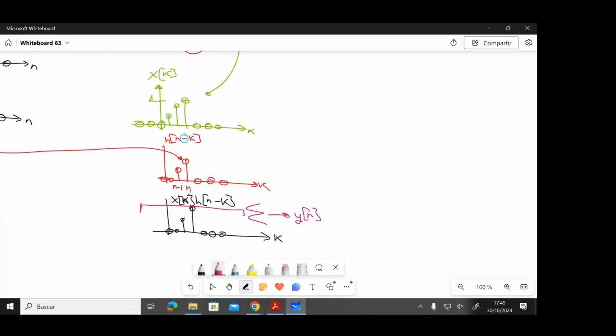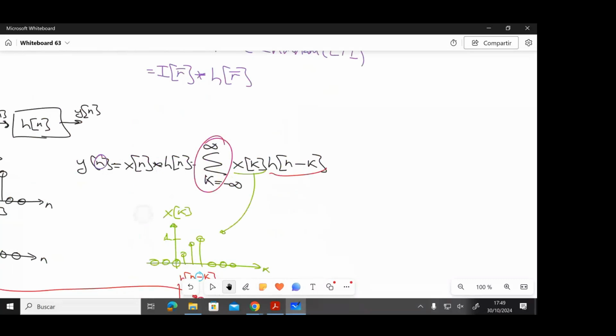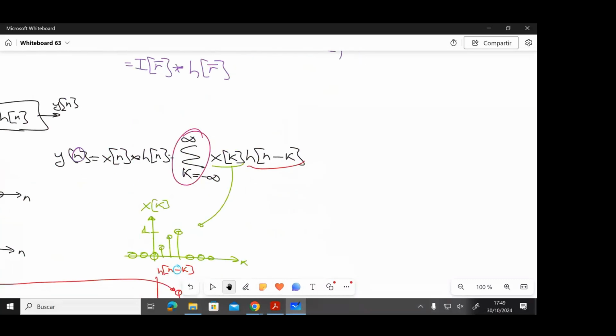And then for the next n, you have to shift your kernel somewhere else. Okay, so like this, you can compute this convolution here. And you know that it is the same moving h or moving x. So we can also write this as the sum from minus infinity to infinity of x of n minus k times h of k.